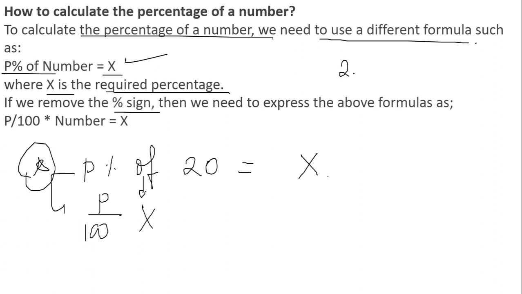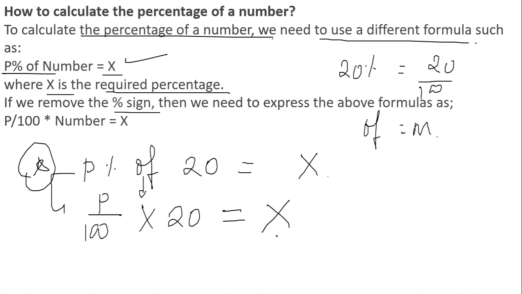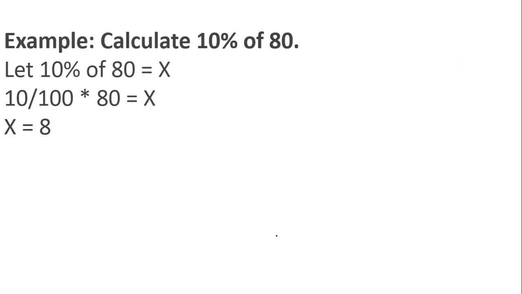So 20% is nothing but 20 upon 100, and of means we are multiplying it. So p% of 20 is p divided by 100 into 20, which is equal to x. This is how we represent how to calculate the percentage.